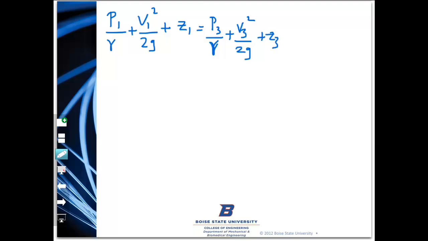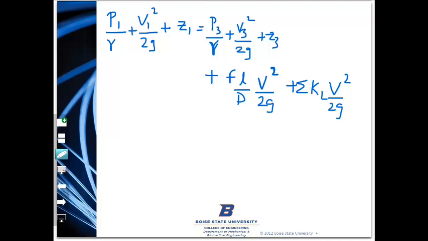However, we have to incorporate losses now, right? So it would be plus the major losses throughout the entire length of the pipe, which is f times L over D, V squared over 2g, plus you have all the minor losses, and I'm going to show you what this is.